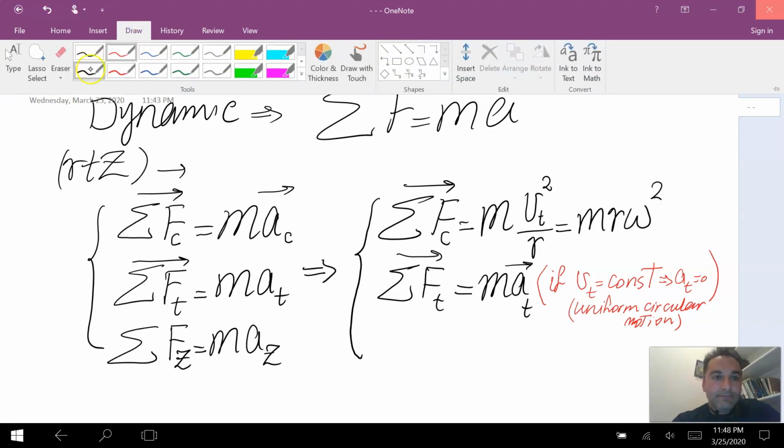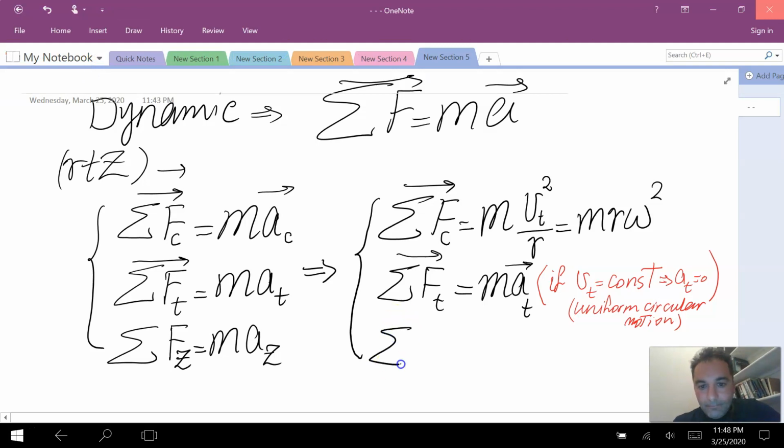What next? Sigma F on the z-axis is equal to m a_z, which, guys, acceleration on the z-axis, if the object doesn't go up and down, is 0.